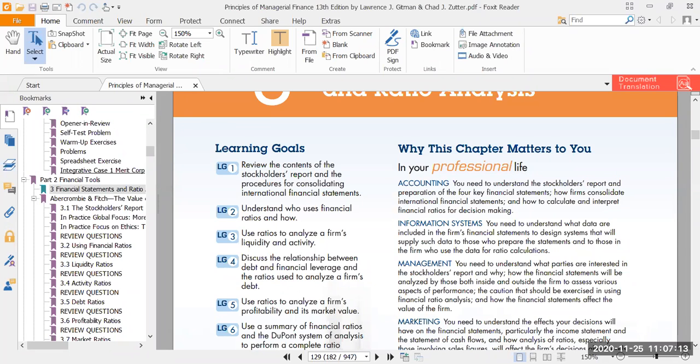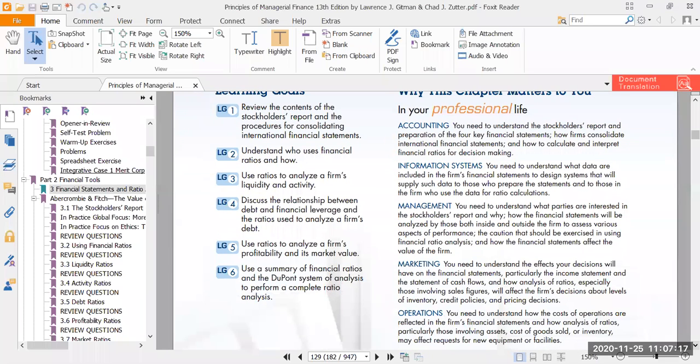Then we are going towards the profitability ratios, because the main objective of a firm is the health of the firm, and we target a single goal, which is the profit maximization of the firm.